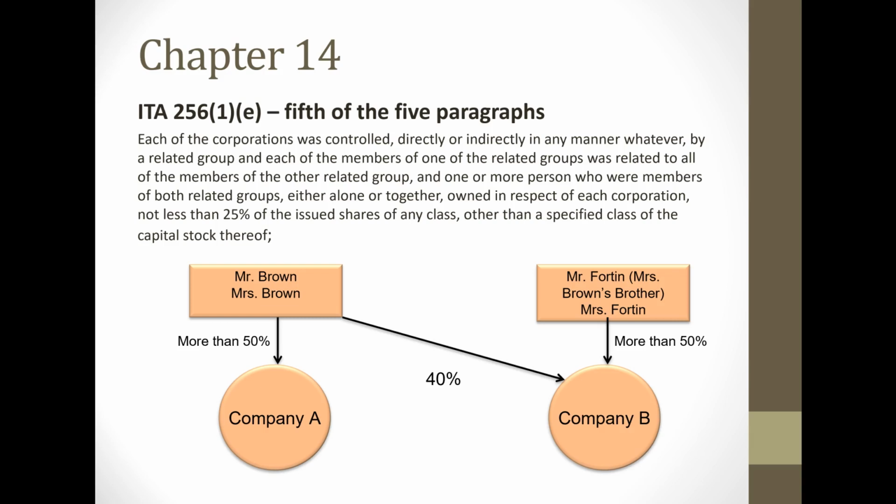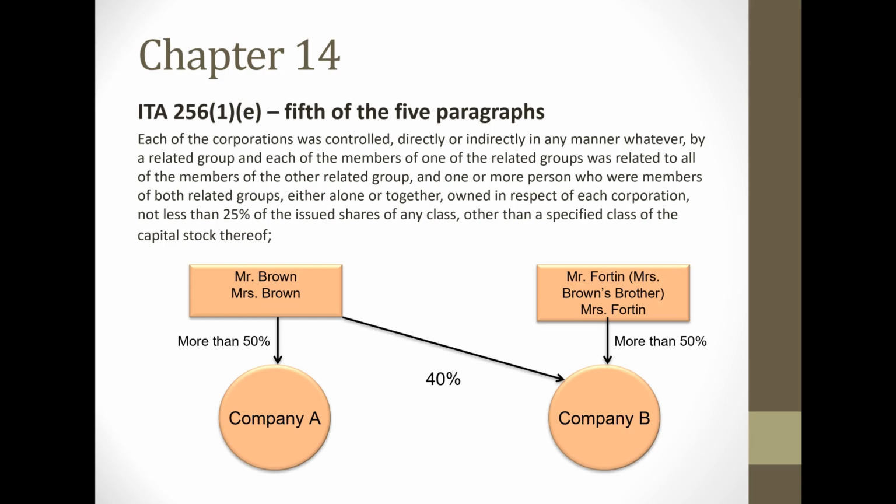So Mr. and Mrs. Brown is a related group that control Company A. Mr. and Mrs. Fortin is a related group that controls Company B. And each member of the group that controls A and also that controls B, they're also related to one another.